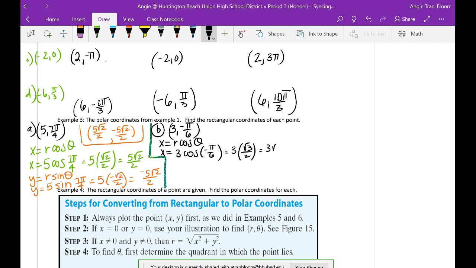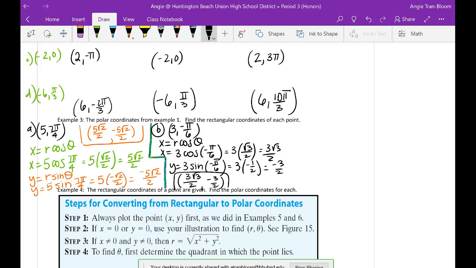So this is 3 radical 3 all over 2. So y equals 3 times sine of negative pi over 6, which is 3 times, what is sine of negative pi over 6? Beautiful. So this is negative 3 over 2. So my ordered pair is 3 radical 3 divided by 2, comma, negative 3 over 2.